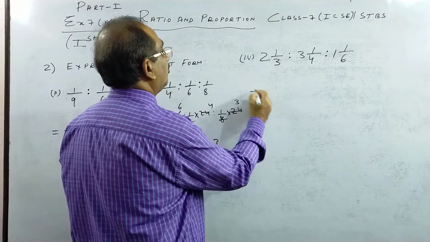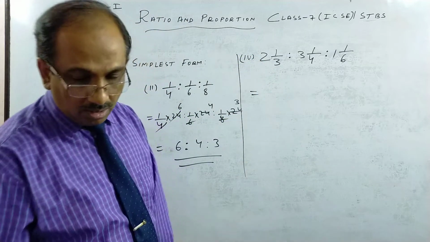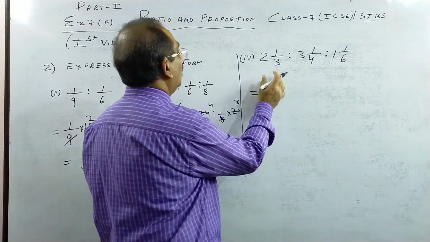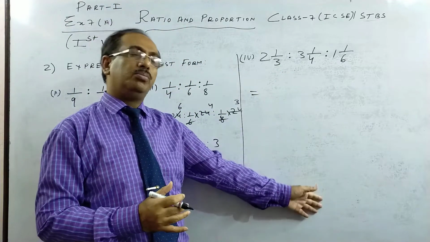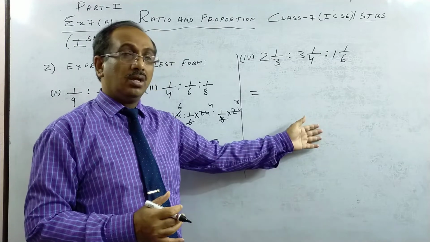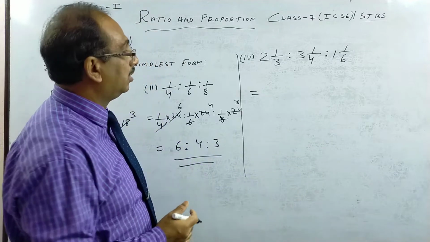Now, before I start this, children, this is a mixed fraction. So first I convert it. In my fractions chapter, all the basic concepts are given. That's why I told you about the video lessons. If you have not done them anywhere, please do them and learn.